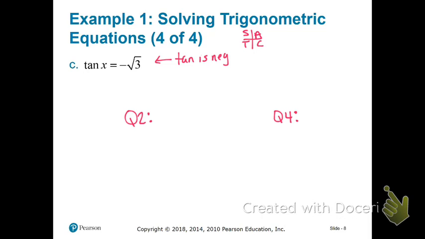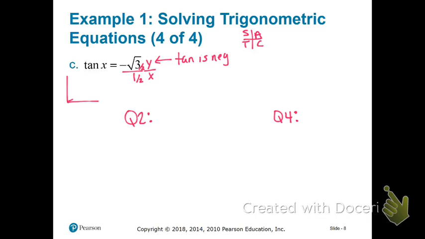All right, so tangent is what in terms of x and y? Yeah, y over x. So remember, we're going to make this over 1. And tangent and cotangent are the only ones we can get by with by saying they have to be over 2, because when we did our keep it, change it, flip it, the over 2's cancel.